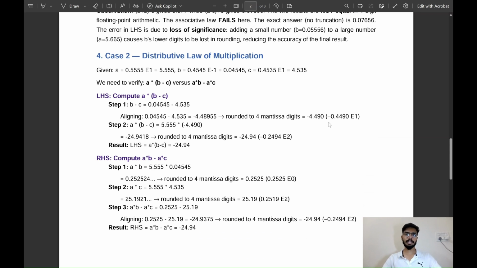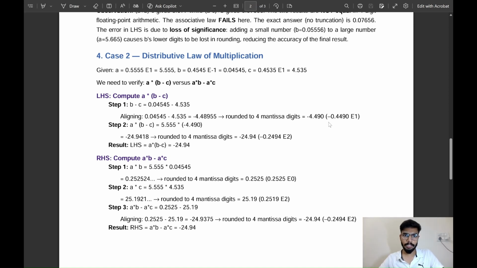Now in case 2 we will check our distributive law of multiplication. Here it is given a is equal to 0.5555 e1, that is 5.555, b is equal to this, c is equal to this. Here we will apply a into b minus c, that is equal to a into b minus a into c. First we will see our LHS part, a into b minus c.